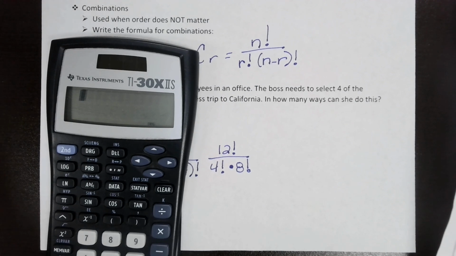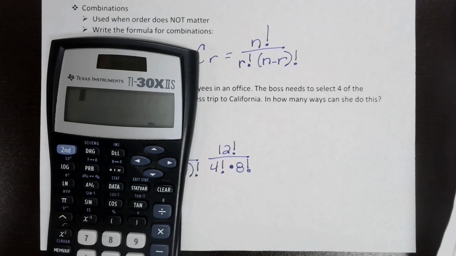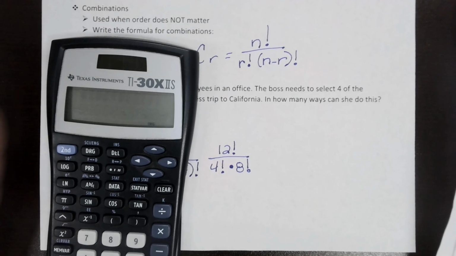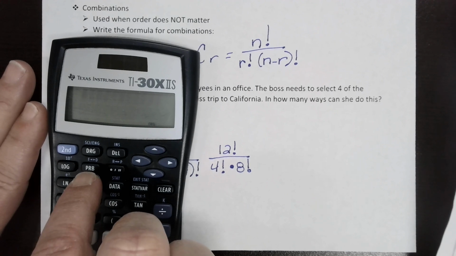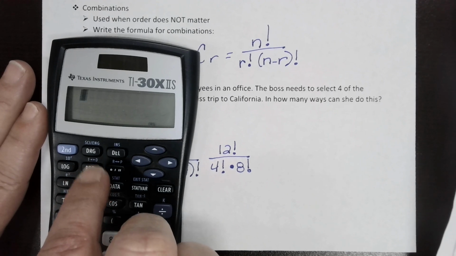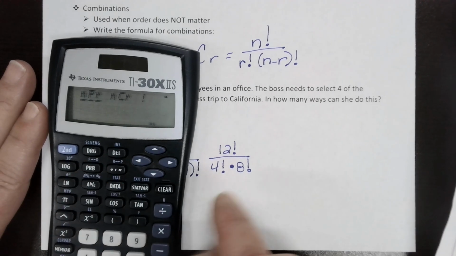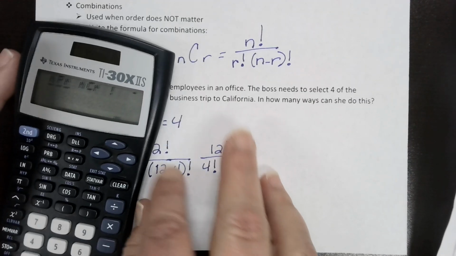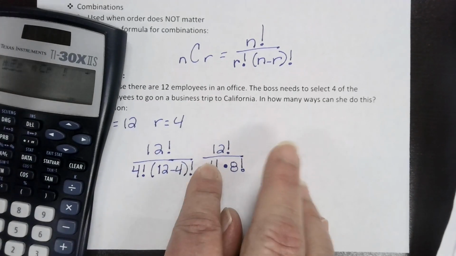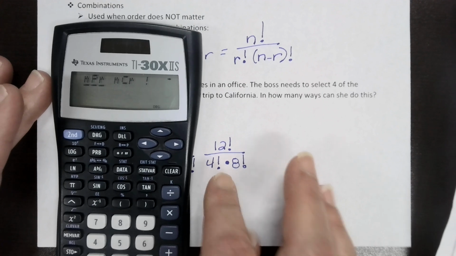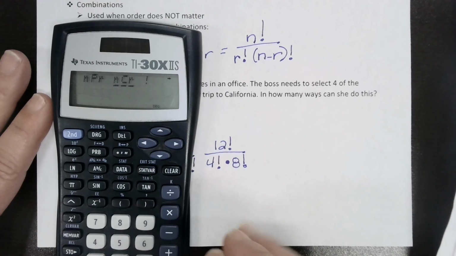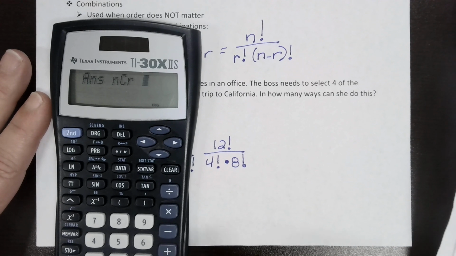Combinations and permutations are the probability, how many possible things you can get. So do you see this PRB? PRB stands for probability, okay? You hit that. Well, remember, this one is a combination because order does not matter, right? So you move over and pick the combination thing.